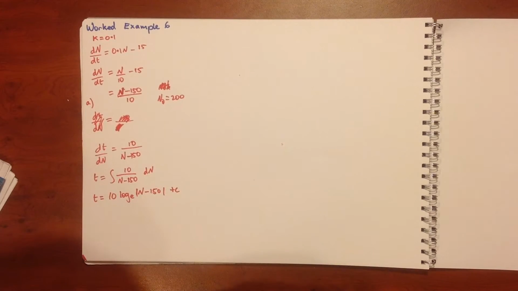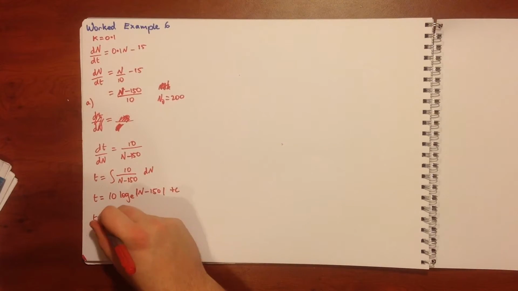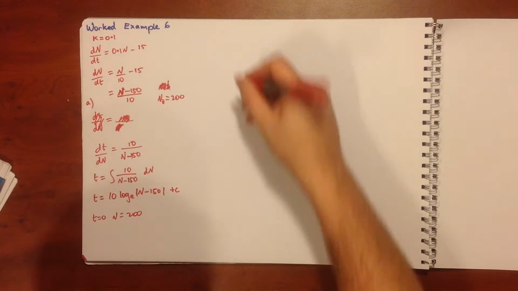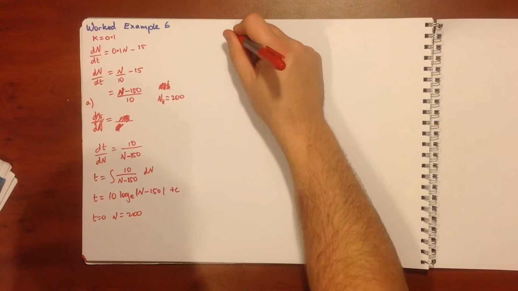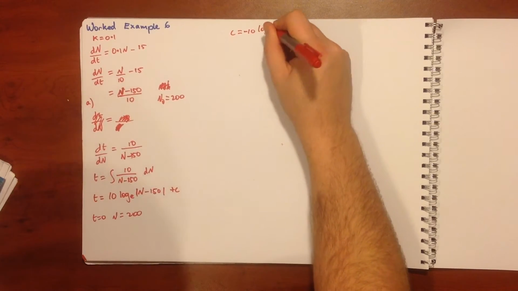So we need to substitute in our t equals 0, n equals 200, our initial condition. When we do that, we find that we get a value for c of negative 10 log to the base e of 50.